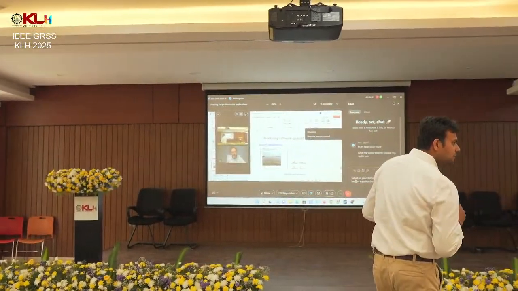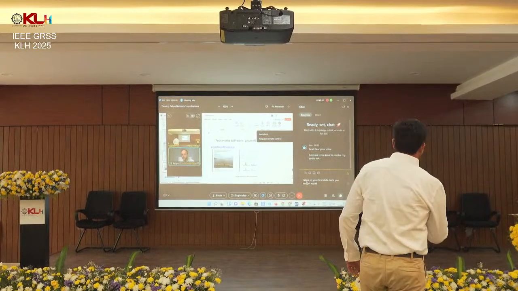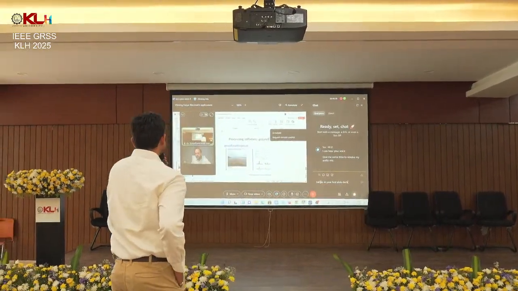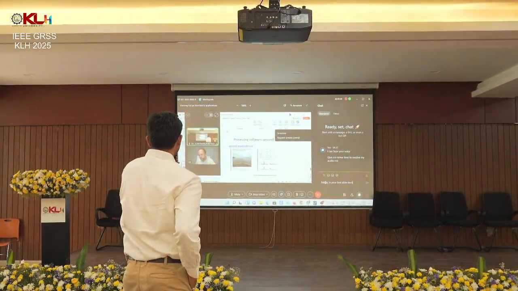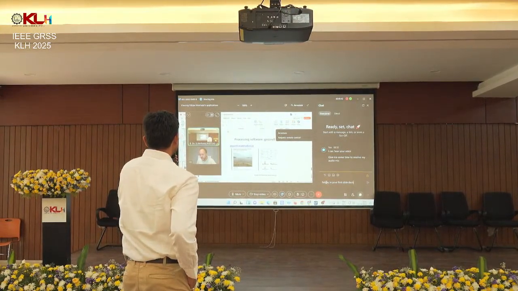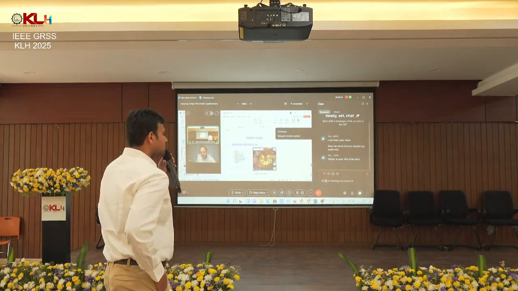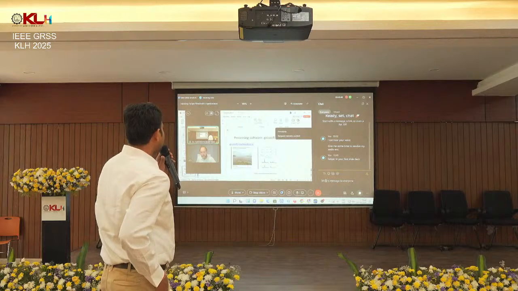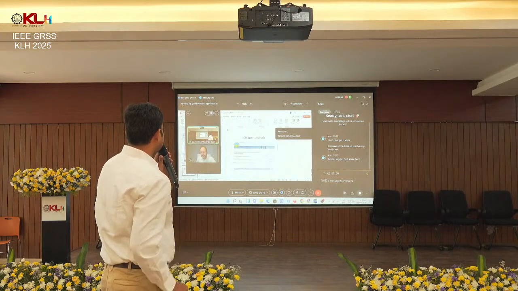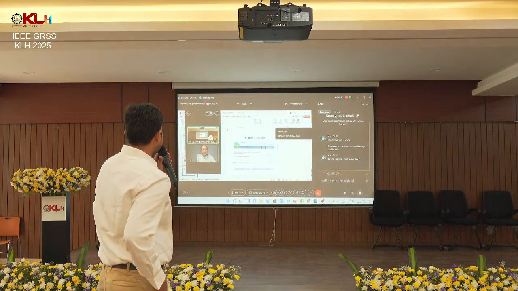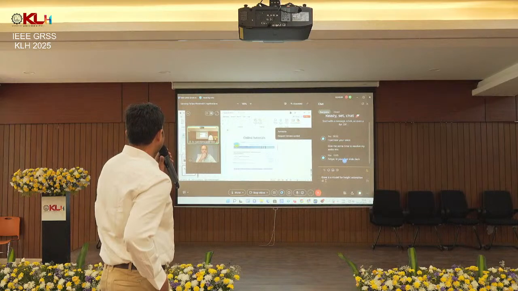Dr. Rashmi is writing that in the chat box. The question is, there is a model that you have developed for the height estimation, the antenna height, the apparent height that you are calculating.